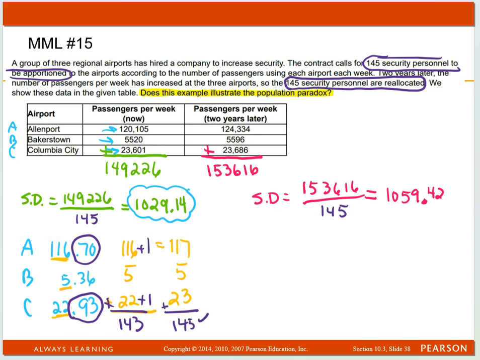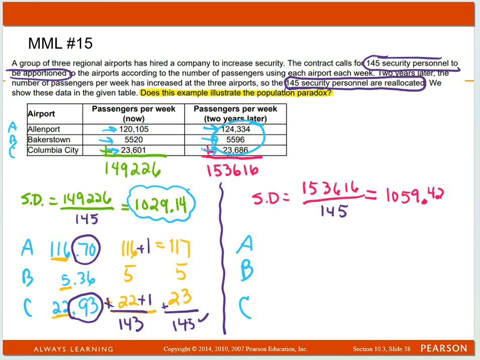Okay, so fast forward 2 years, and we're going to do the same thing again. I don't know why I keep wanting to say Allentown. I'll just say A, B, and C. Now what you have to do is use the new populations, each individually, and still divide them by 145, because that didn't change.